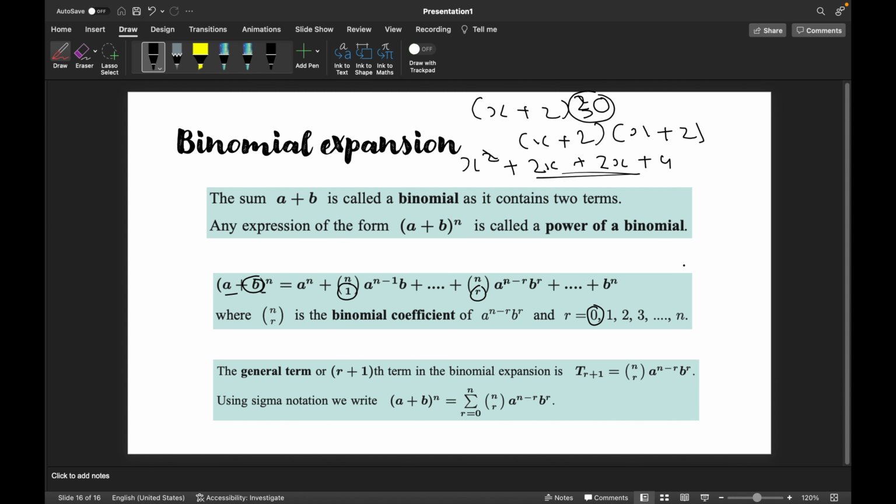The general term, or the r plus 1 term in the binomial expression, is nCr into a to the power of n minus r into b to the power of r. This is very convenient, so try to remember. You won't have to expand everything to know a certain term.